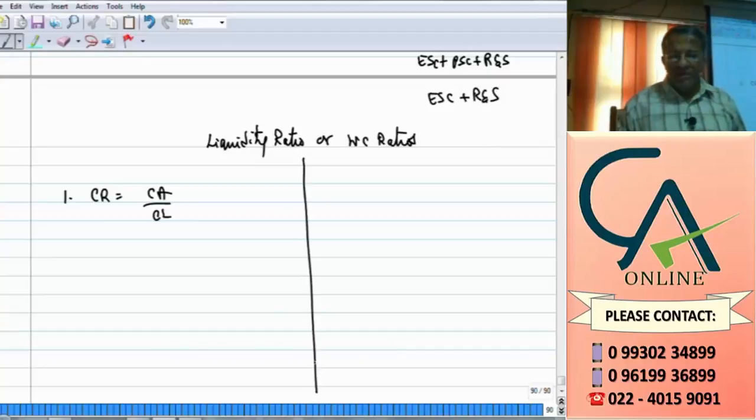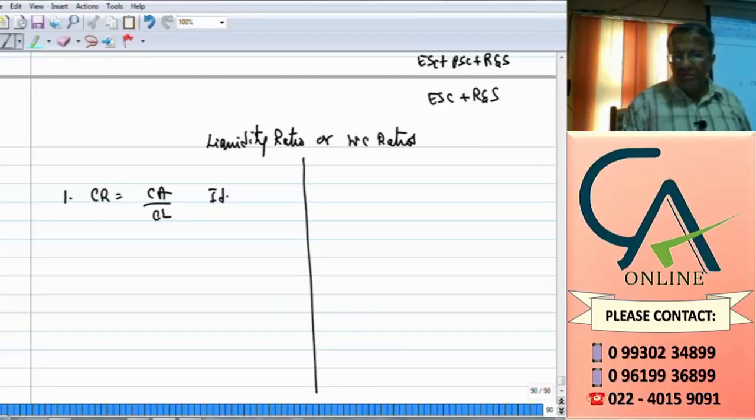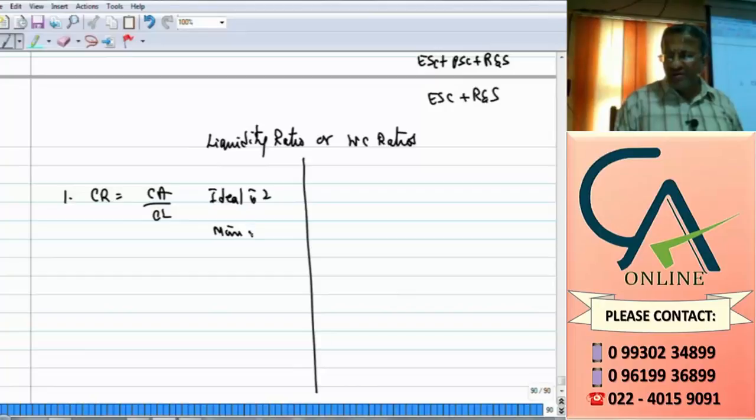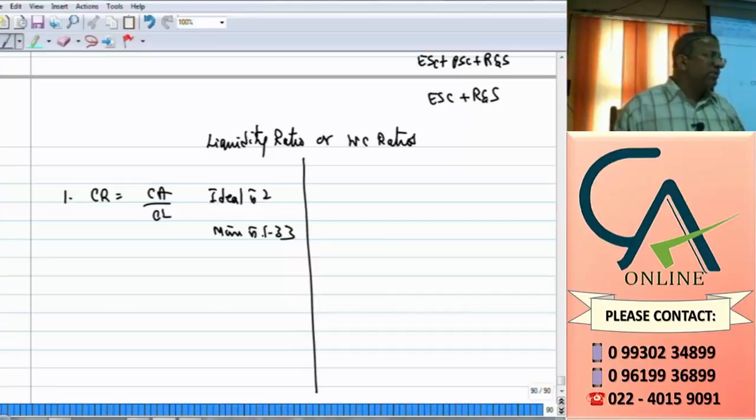The ideal ratio is 2, theoretically speaking. The minimum should be 1.33, is what they call. That means our current asset should be twice that of current liability, or at least 1.33 times of your current liability.